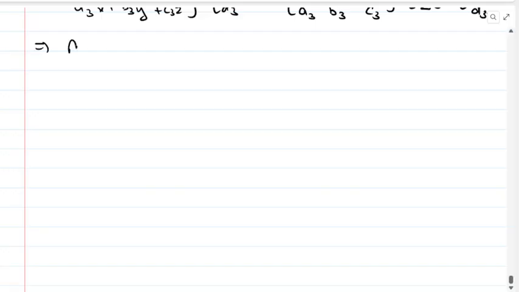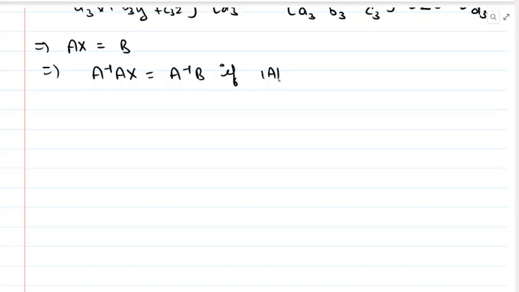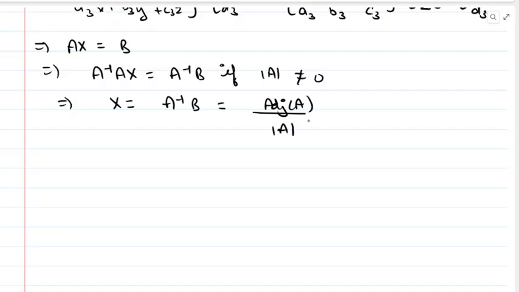This implies that AX is equal to B, and pre-multiply by A inverse on both sides. So A inverse AX is equal to A inverse B if determinant of A is non-zero, and it implies X is equal to A inverse B, which is equal to adjoint of A divided by determinant of A into B.